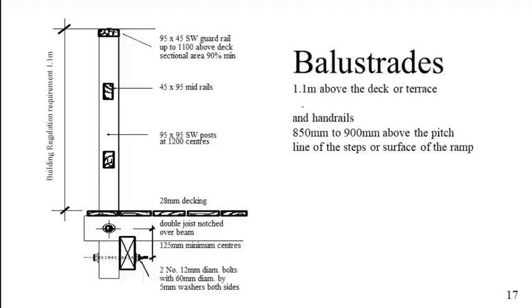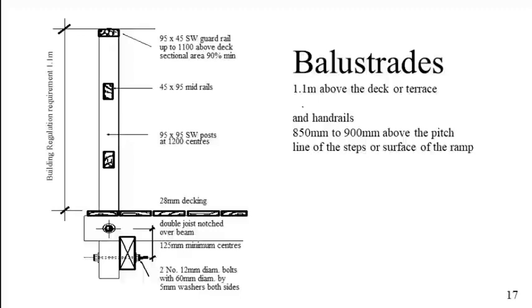A horizontal force of 0.74 kilonewtons per meter is the appropriate test load applied to balustrades. Meeting the strength requirement should be no problem using a proprietary railing system, where the manufacturers will have tested their own product.